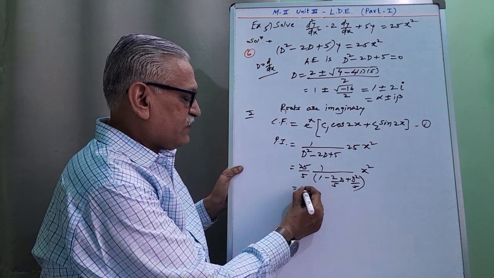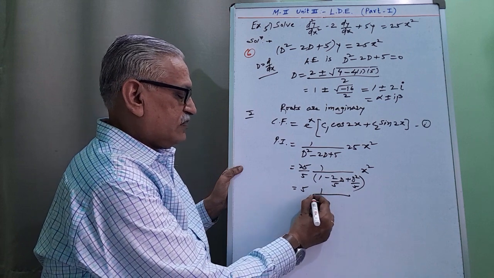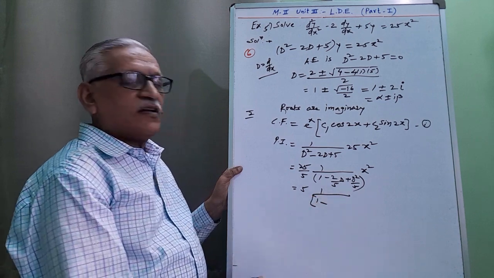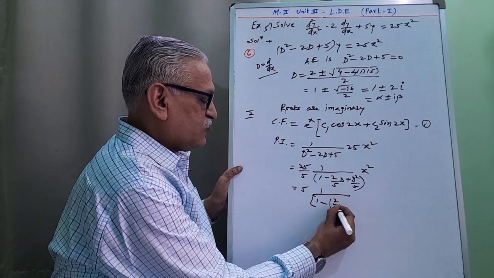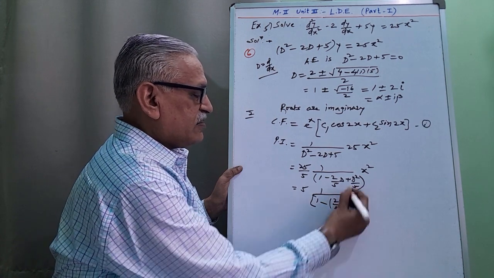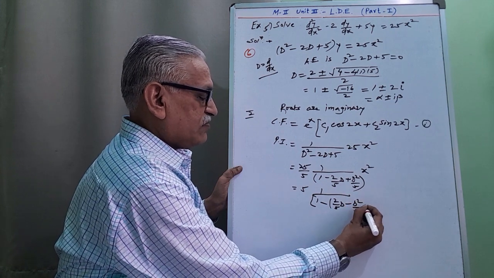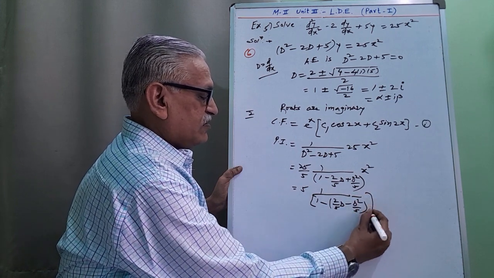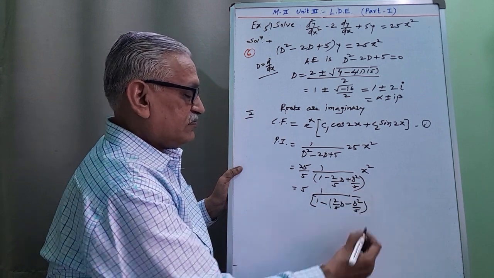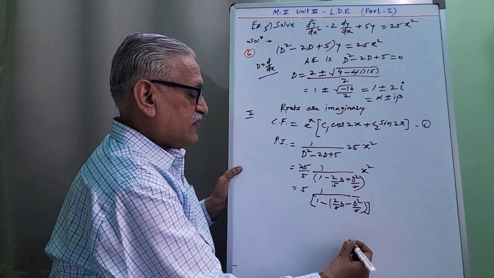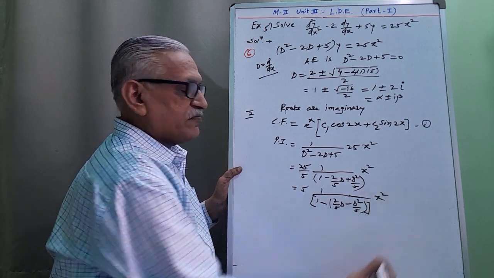25 by 5 we get 5, 1 upon 1 minus. Taking minus in common, we get the first term as 2 by 5d and minus d square by 5, which we have to operate on x square.